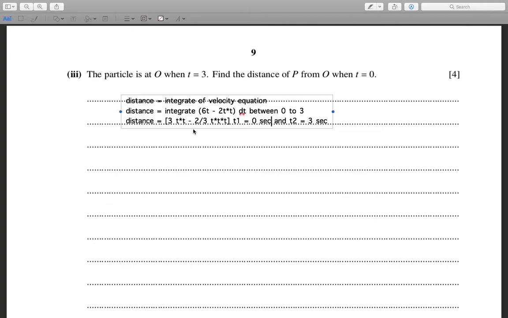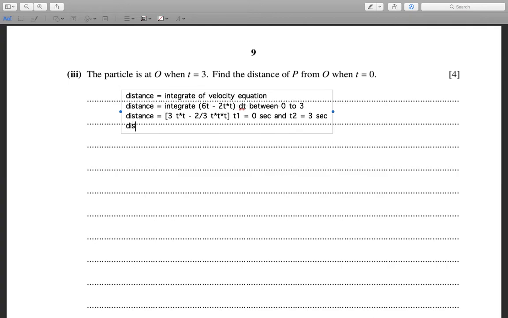The distance is 3 times t squared, which equals 27, minus 2 divided by 3 of 3 times 3 times 3, which is 27, minus 0.